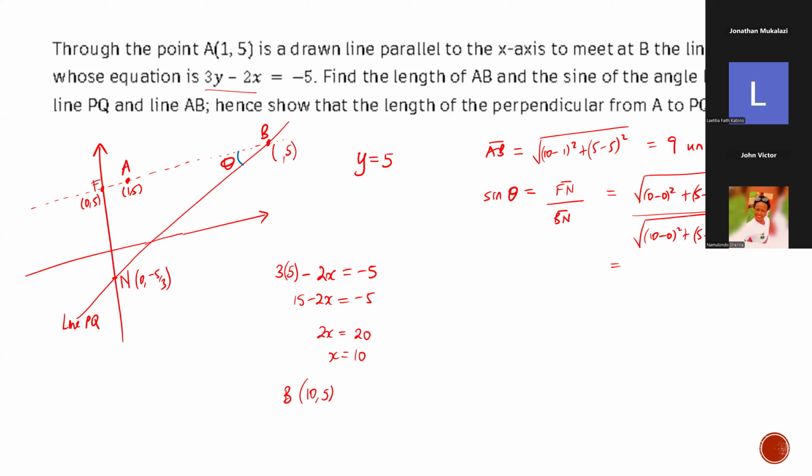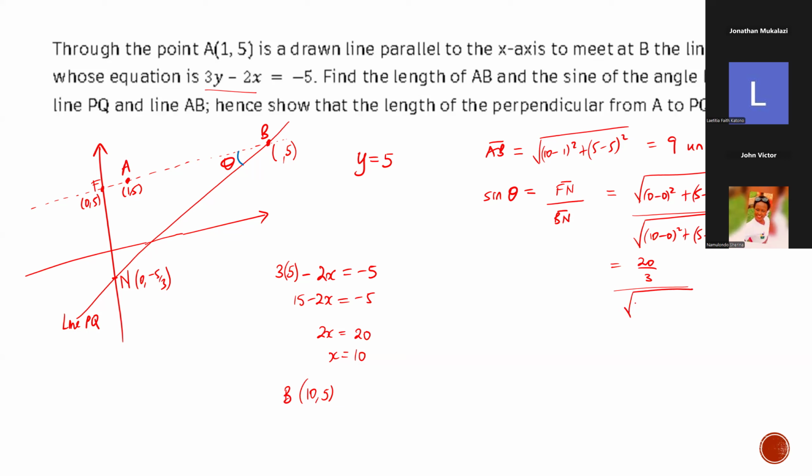So in the numerator, we have 5 plus 5 over 3, which is 15 over 3 plus 5 over 3. So that's going to be 20 over 3. And then in the denominator, we have the square root of 100 plus 400 over 9, because we have 20 over 3 squared, which is 400 over 9.